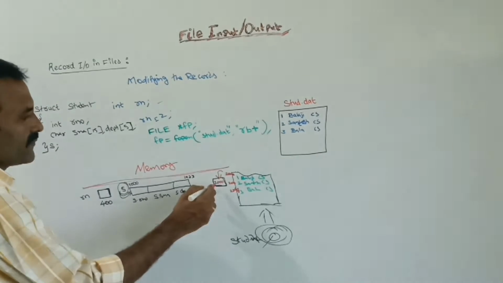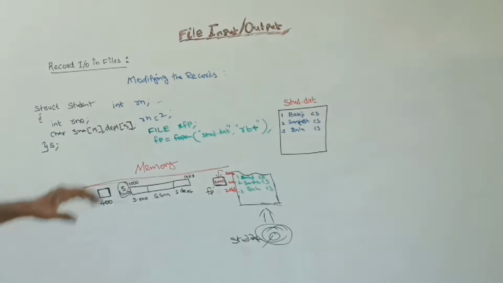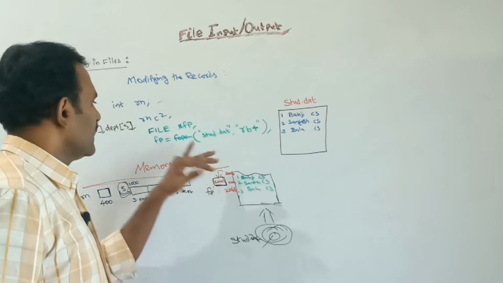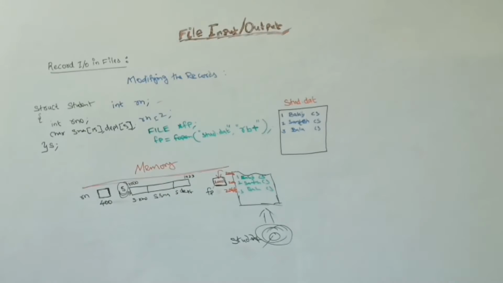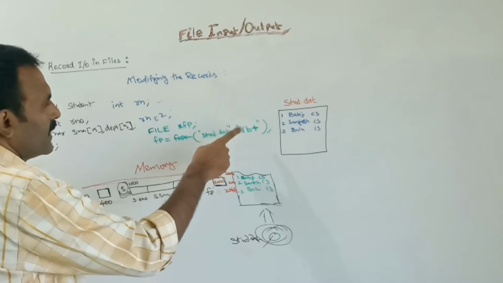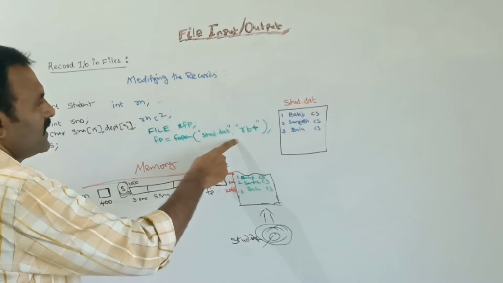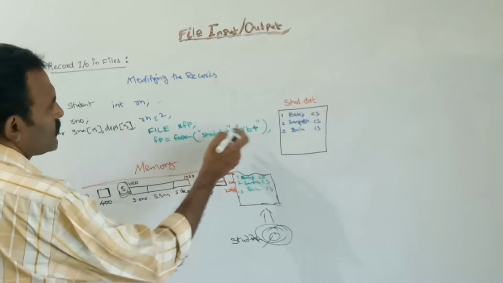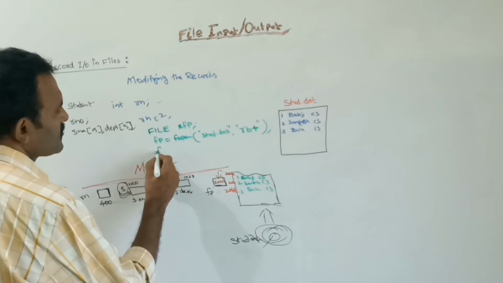So this FP now has that 2000. See, up to this we had loaded the records and returned the starting address. Next, now with the help of this fread function I am reading one by one. So after opening we can use this fread function.